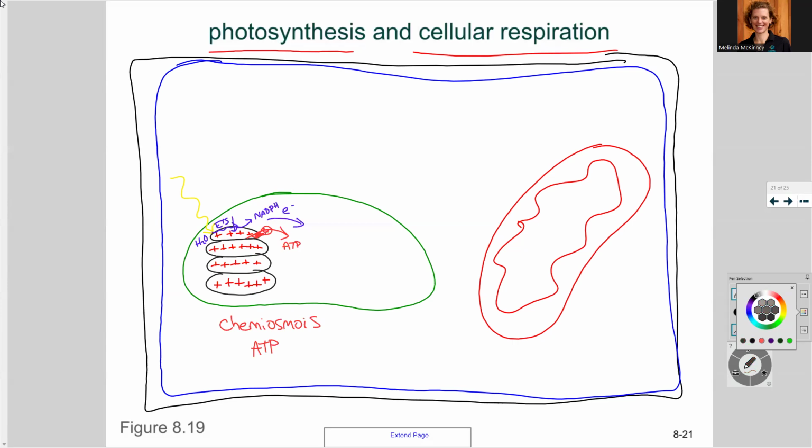So these molecules then are used, okay, from the light reactions to power the process that fixes carbon dioxide and ends up making glucose, okay? So carbon dioxide is fixed.